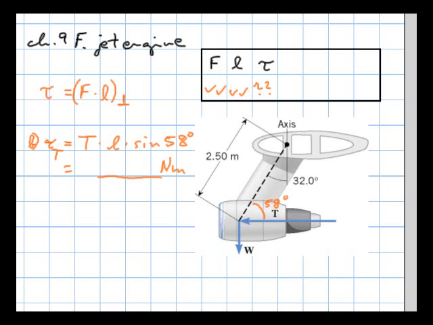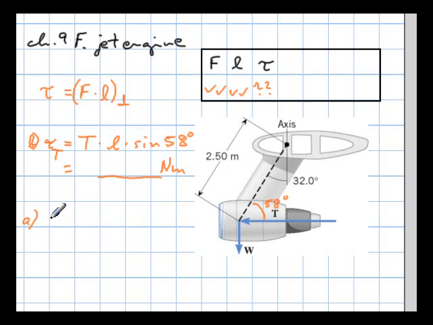And then they don't ask us for the direction, and I'm glad that they don't. I'll do this a little bit later because there's a little bit of a trick to the direction of this torque that they don't explain in the book.